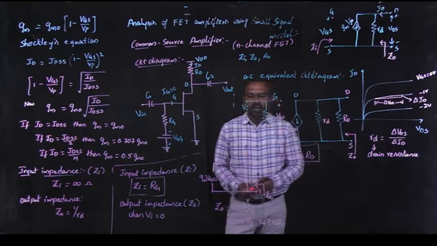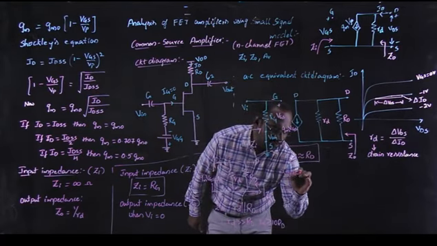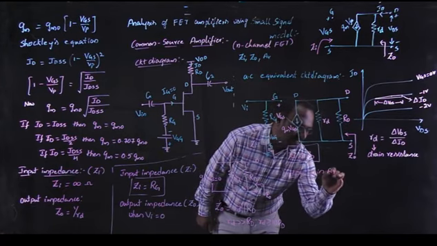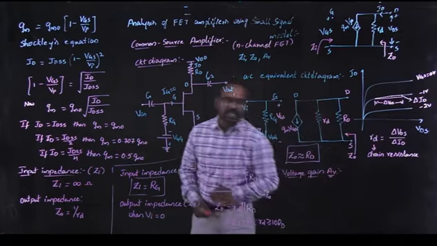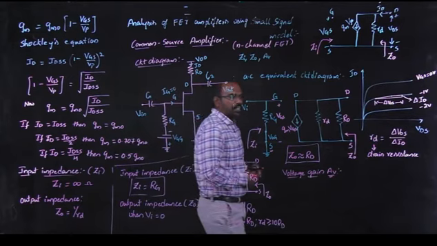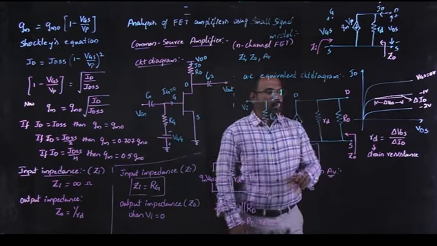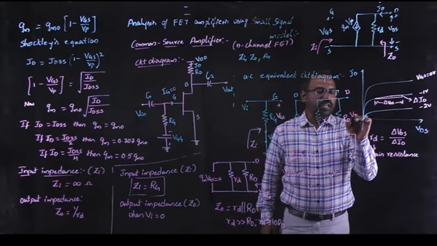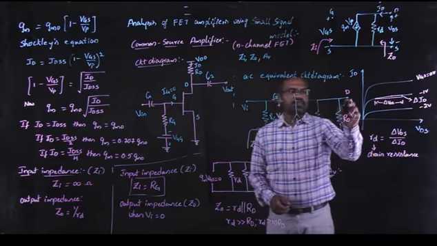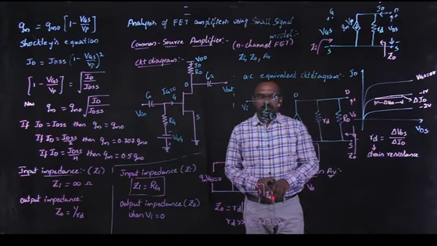Alright, so this is output impedance. Now I am going to calculate the voltage gain AV. I am not calculating the current gain AI. So first I am writing the expression for Vo. What is Vo? Vo is the voltage between drain to source terminals. This is plus and this is minus. Right?